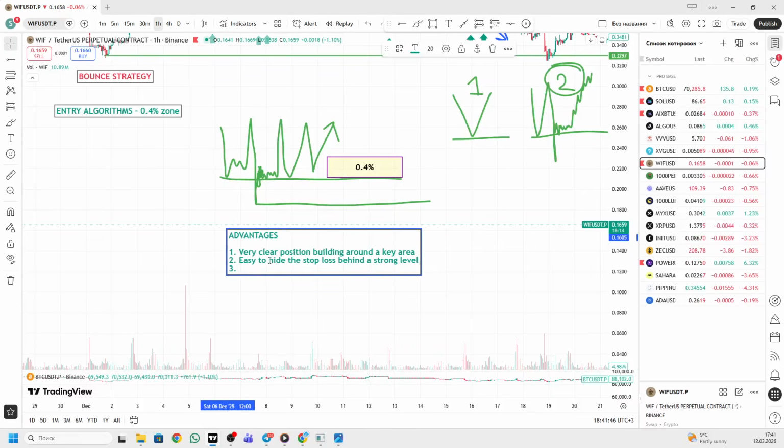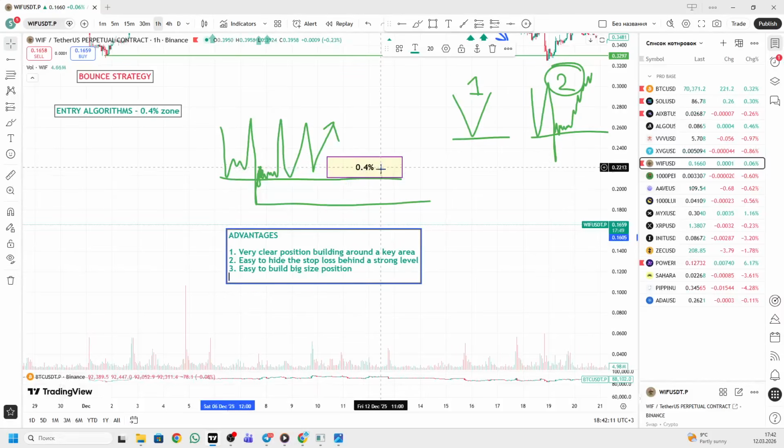Easy to build big size position. While the asset is trading inside the consolidation, while it's moving around quietly, you can calmly build your position here, right?